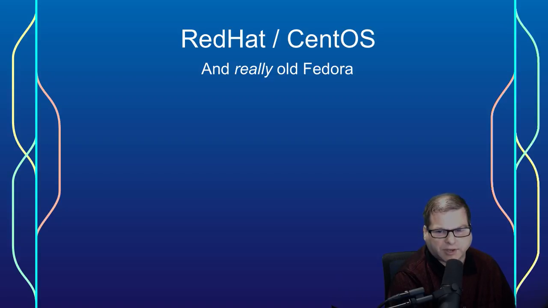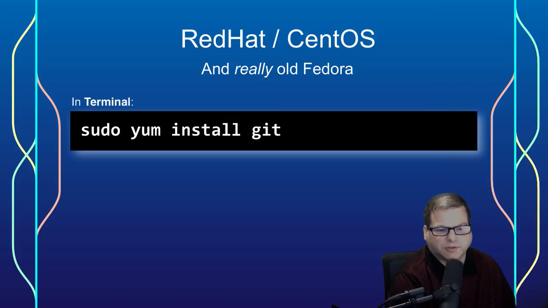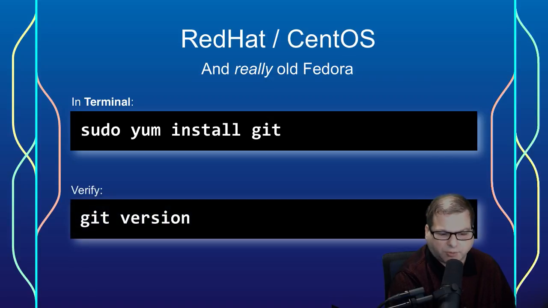If you're running Red Hat or CentOS or a really old version of Fedora, then you can use yum to install Git. Again, you may have to do this using sudo or as root. And likewise, also use git version to verify.